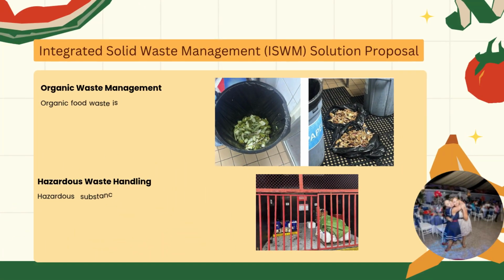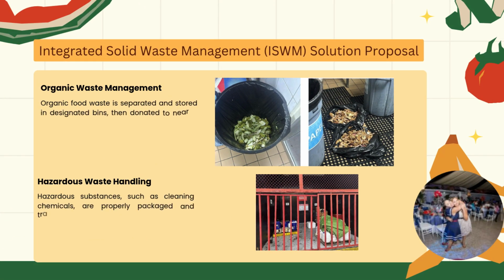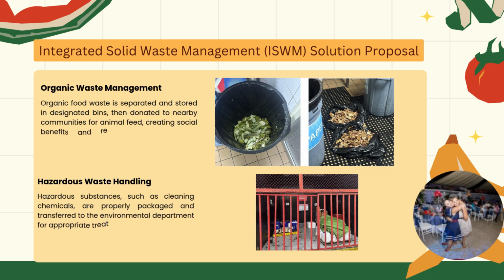Organic food waste is separated and stored in designated bins. After that, we donate it to nearby communities for animal feed, like pigs and goats, creating social benefits and reducing organic waste disposal. Hazardous substances we remove, properly package, and transfer to the environment department for appropriate treatment and disposal.